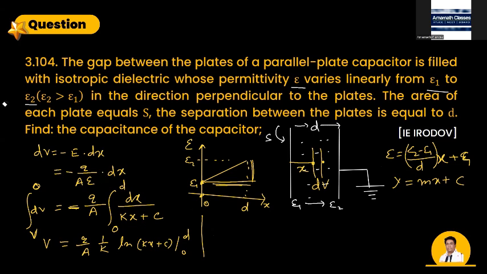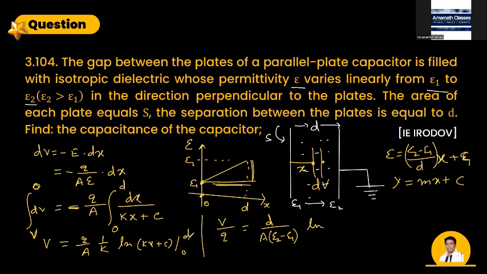So you can write V by Q equal to 1 by A, in place of k writing epsilon 2 minus epsilon 1 divided by d, then ln.